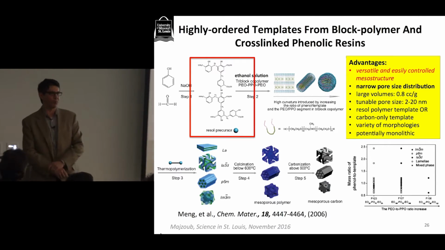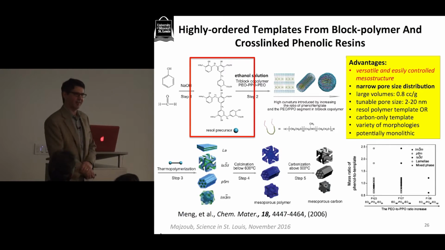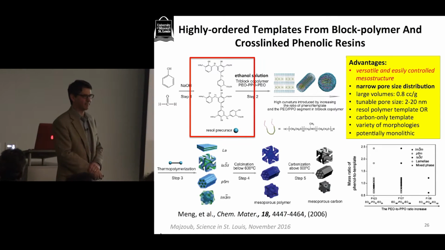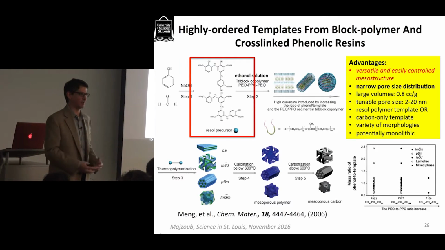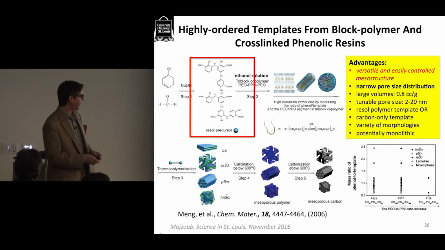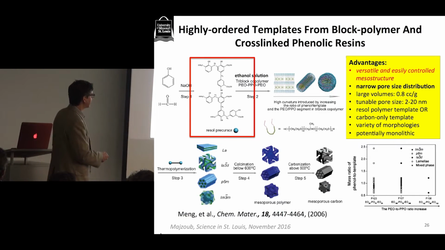So everyone knows that oil and water don't mix, right? And we can utilize this notion that things don't want to mix in order to make nanoscale structures. The way that we do that is we have materials that have a fixed size, and so we'll use things like polymers.